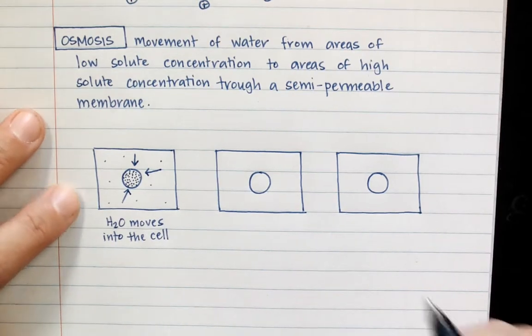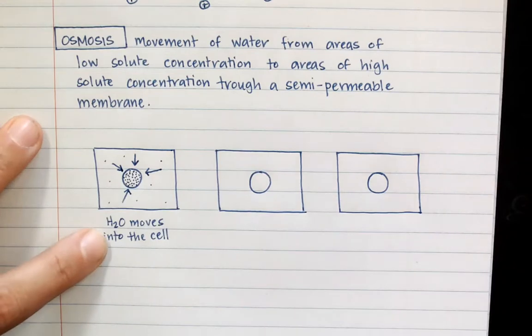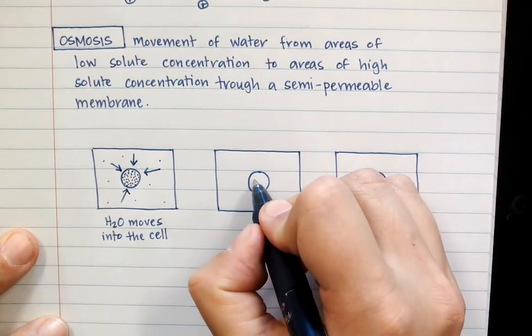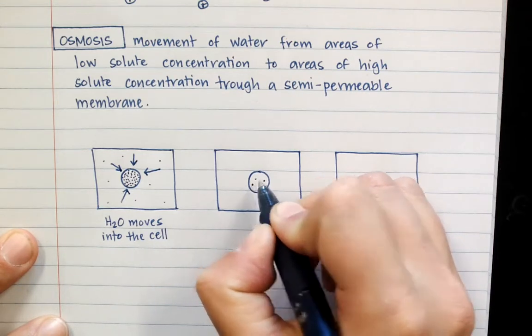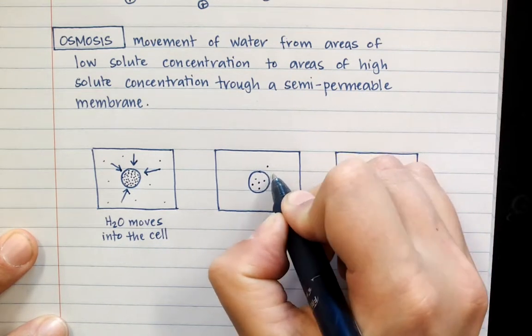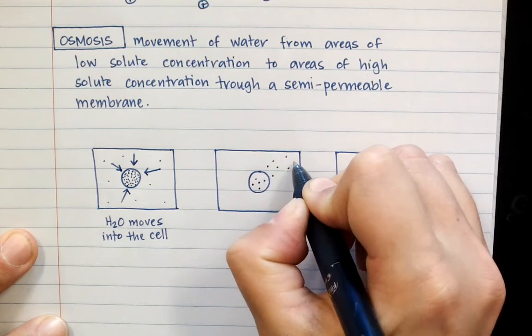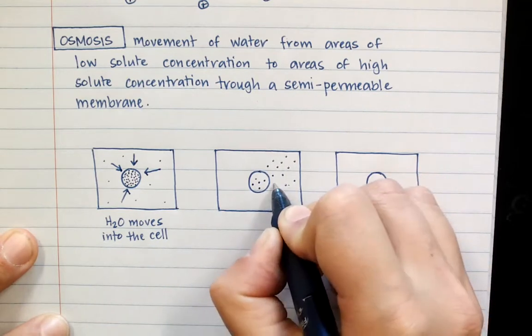Let's look at another example. We'll have a lot of water moving in. In my other example, we're going to have the same amount in terms of concentration of glucose inside the cell as outside the cell. So here's actually a really good example of what I mean when I say concentration.